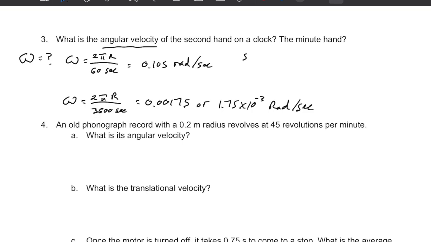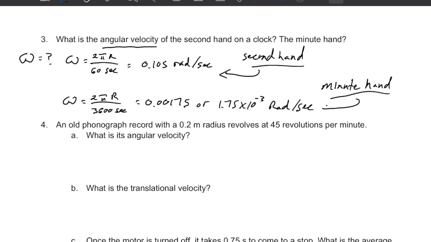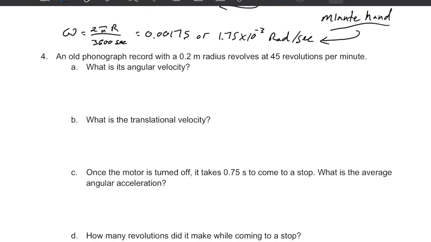An old phonograph record with 0.2 meter radius revolves at 45 revolutions per minute. First, we're going to solve for the angular velocity. Angular velocity is omega.